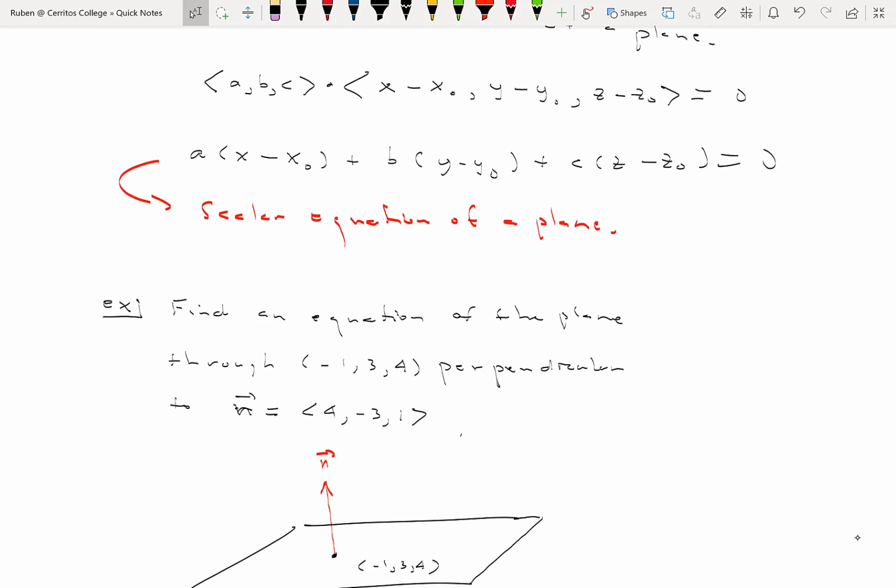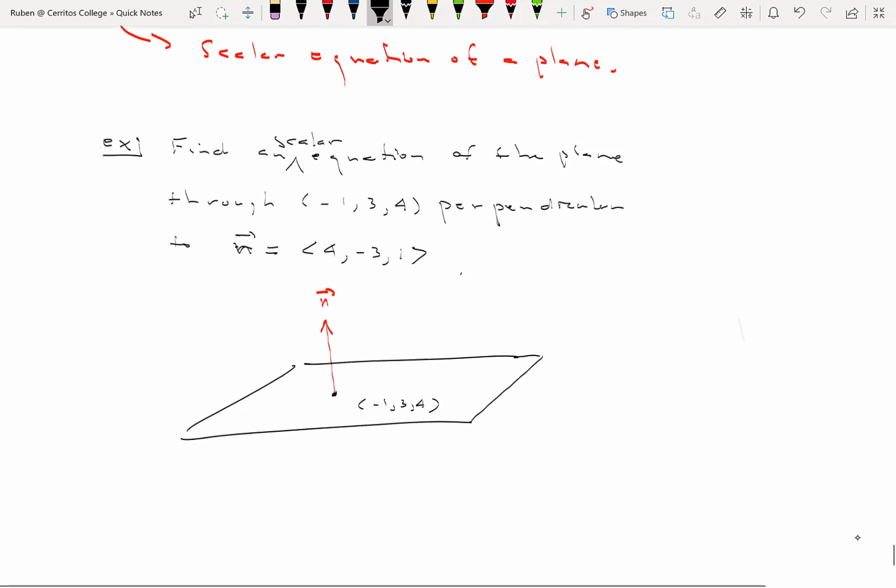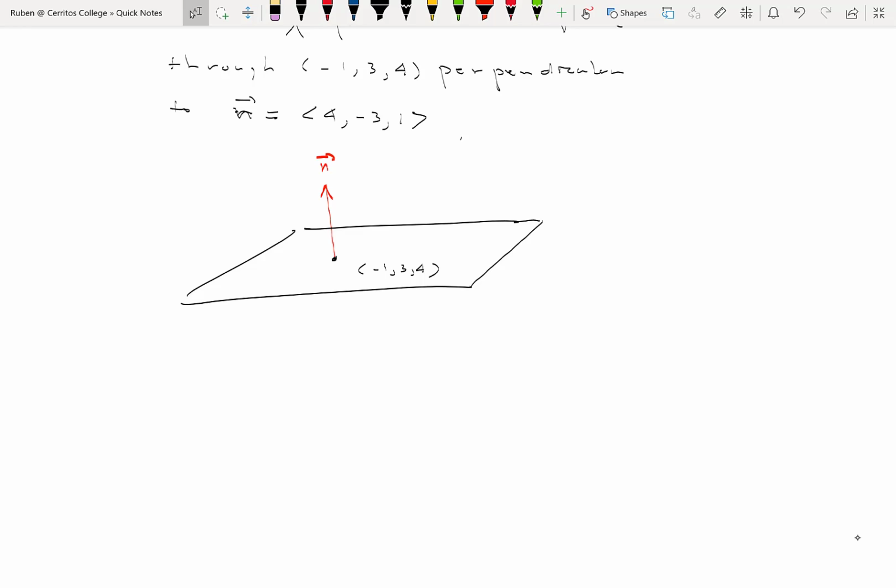And by an equation of a plane, let's say I want the scalar equation, just for the heck of it. The scalar equation has a times x minus x naught. A is the first component of your normal, plus b times y minus y naught, plus c times z minus z naught equals 0.